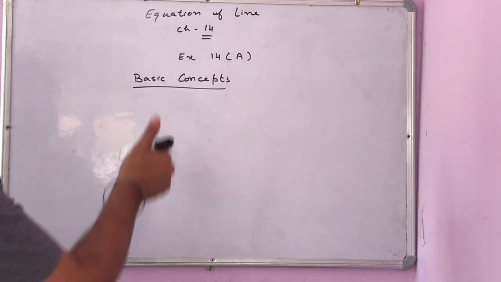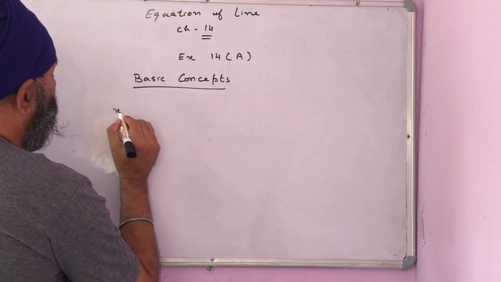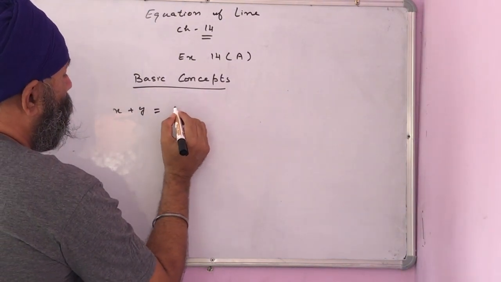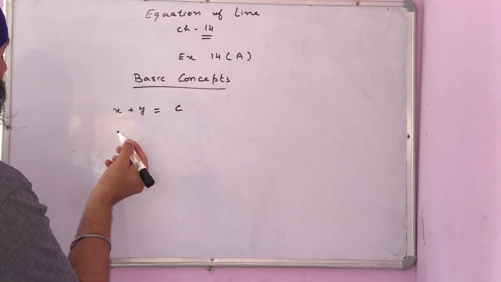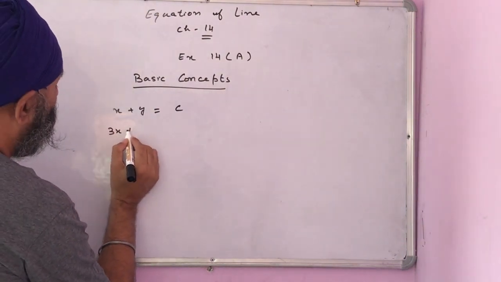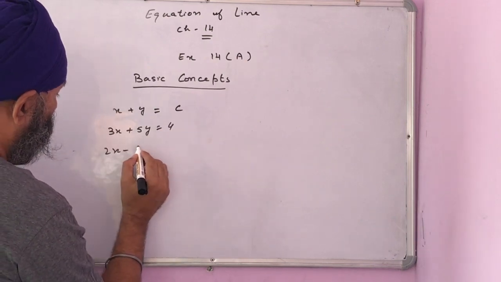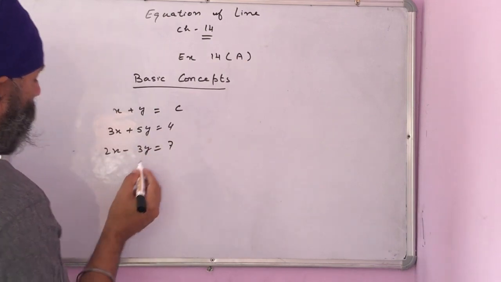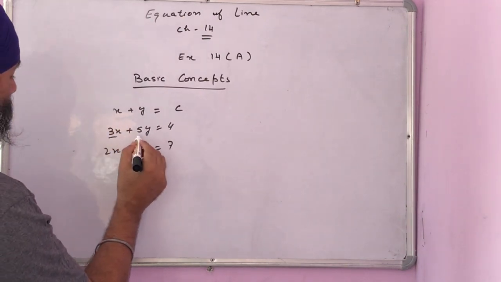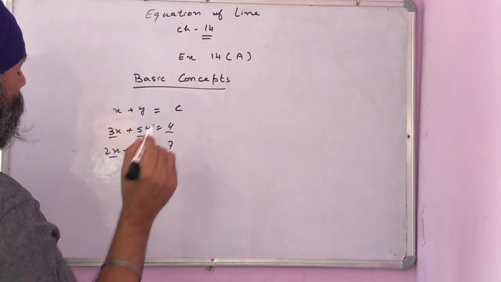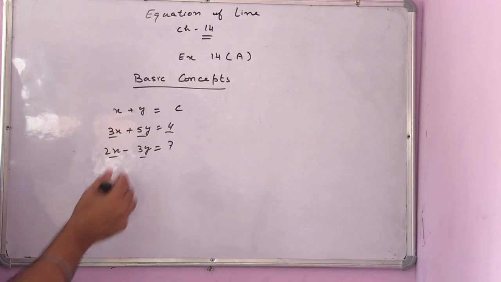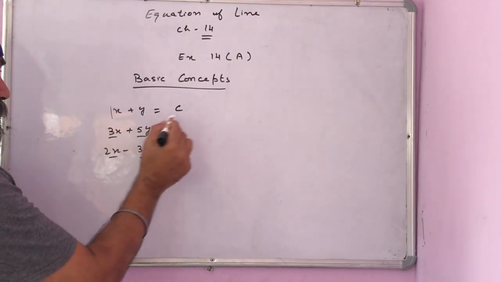You must remember that every line is in the form of x plus y equal to any constant. It may be like 3x plus 5y equal to 4, or 2x minus 3y equal to 7. This type of equation we will be doing in this chapter. So the equation is of this type.